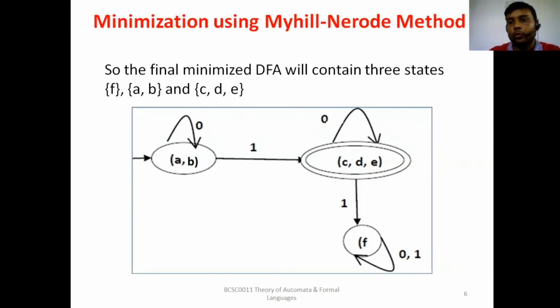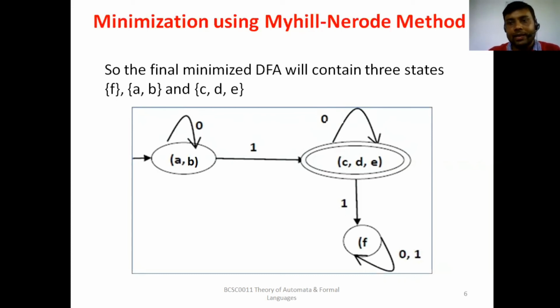The third step is we have to look at all the unmarked pairs from step 2 and determine whether any input transition leads to a state pair which has already been marked. If so, then we have to mark that state pair also. This process is continued until we cannot mark any new state pair in the table.